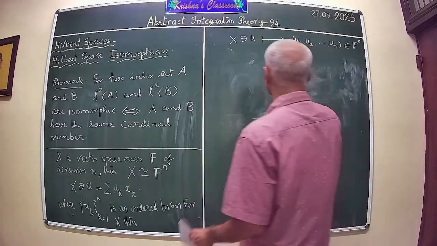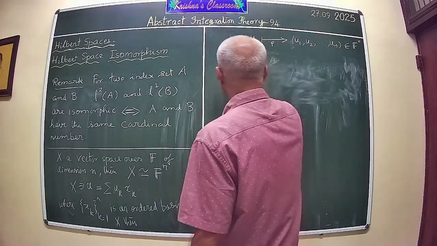This is the isomorphism that you have. So phi is an isomorphism.